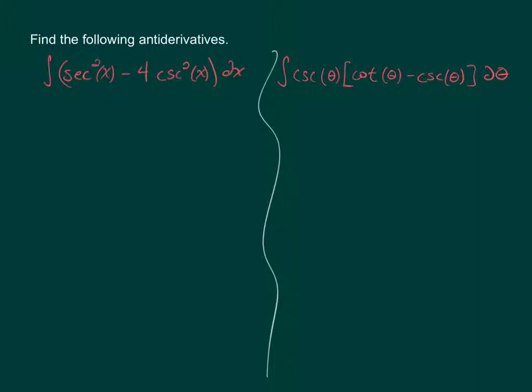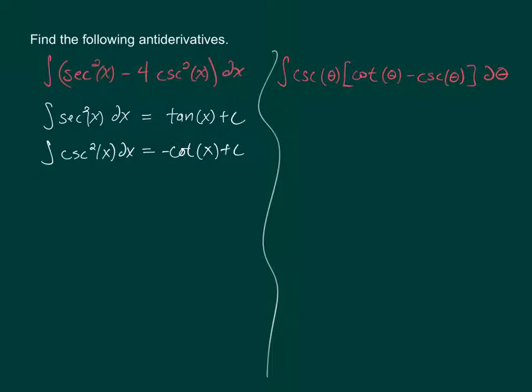You'll have to remember that the integral or the antiderivative of secant squared x dx is tangent of x plus c, and that the integral of cosecant squared x dx is negative cotangent x plus c.